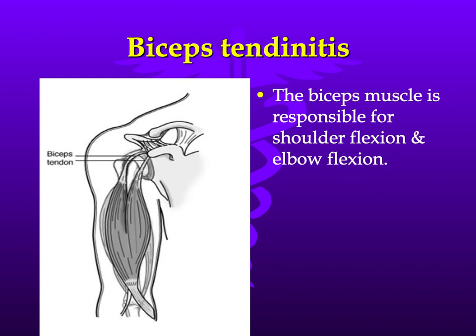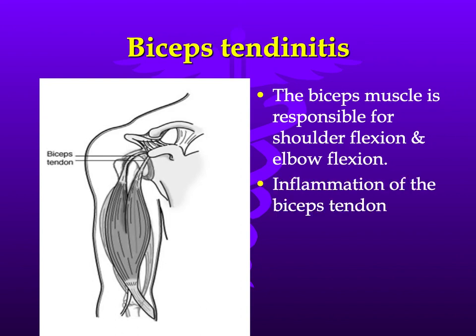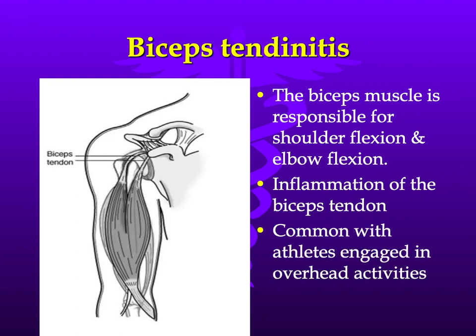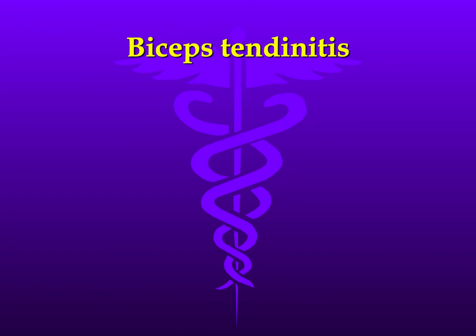This muscle is responsible for shoulder flexion and elbow flexion, and this is an inflammation of the biceps tendon. It's common with athletes that do overhead actions all the time, throwers, swimmers, those types of things. So the MOI is just overuse.